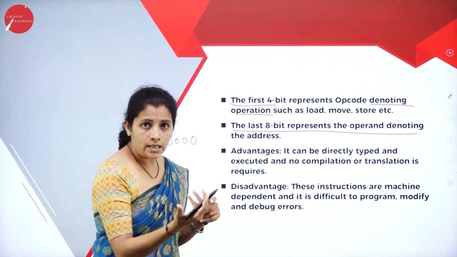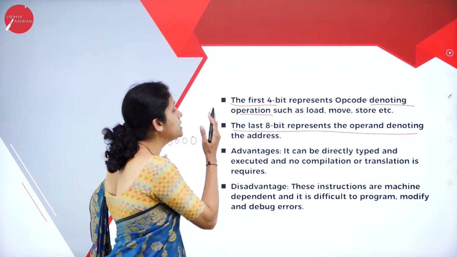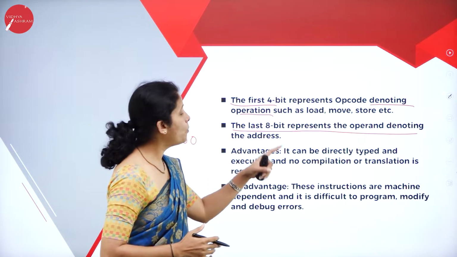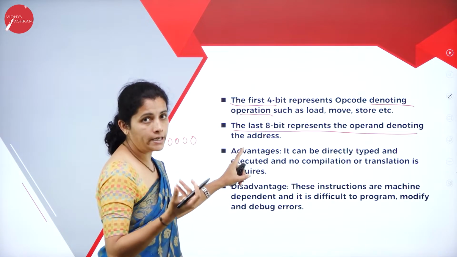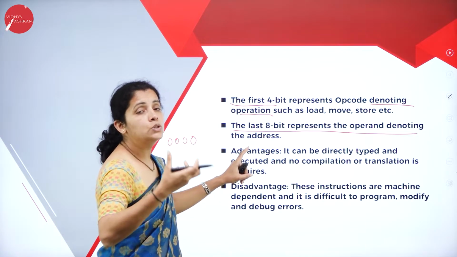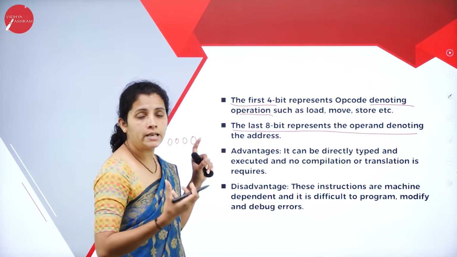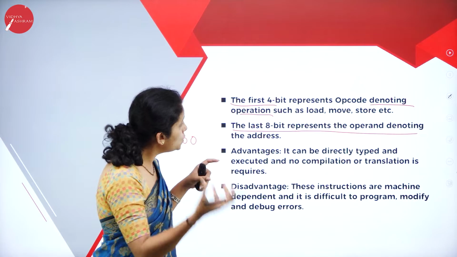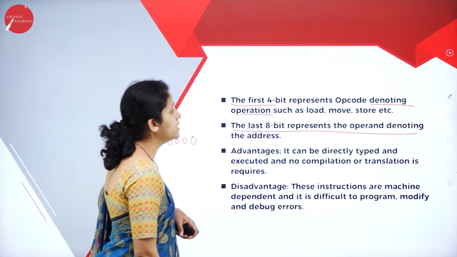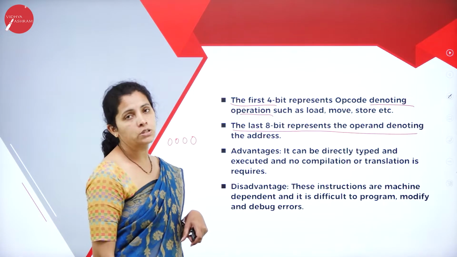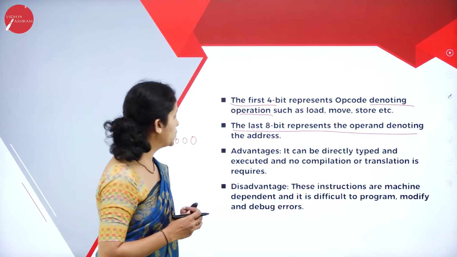To access the data, I require an address. So the last 8 bits, the operand, denote the address where I am going to get the data or content which is stored in the computer memory. To denote that, I require the operand. So here the operand denotes the address, that is nothing but the address of the memory location.